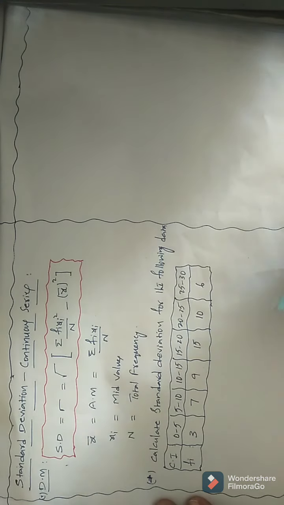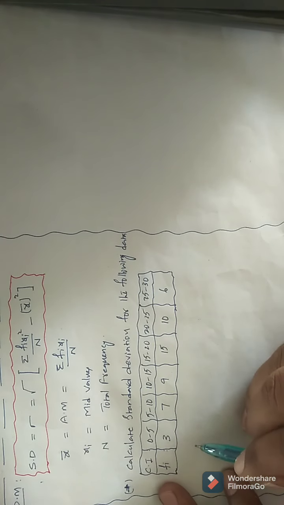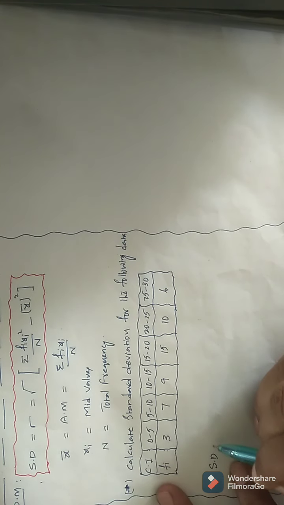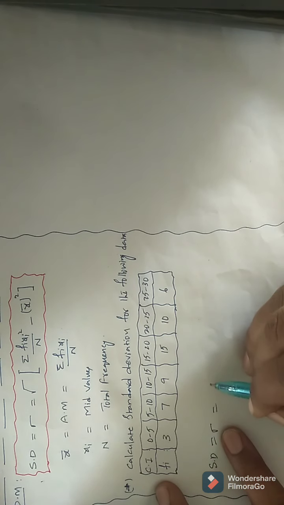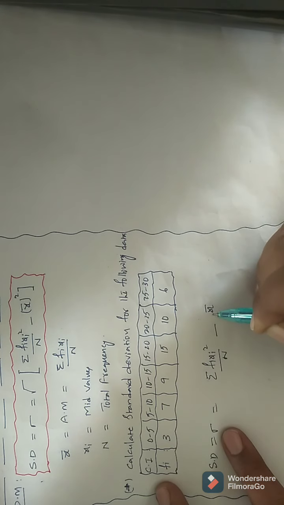So before that, let us use this space. Here one more time I want to write the formula, that is SD, standard deviation, equal to sigma, equal to the square root of sigma fi xi square by n minus x bar whole square.